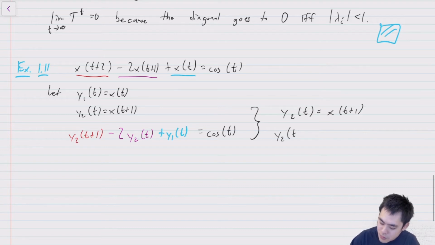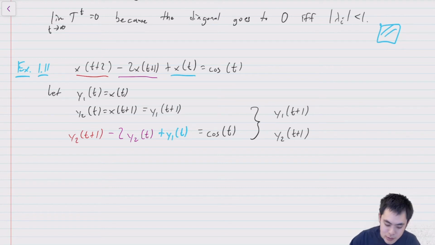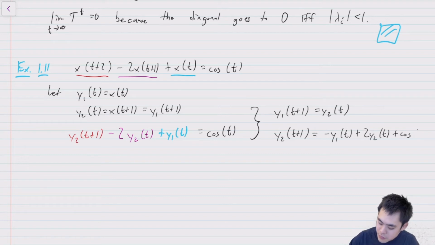So if we rewrite that, we get y1 of t plus 1 is equal to y2 of t, and y2 of t plus 1 is equal to minus y1 of t plus 2y2 of t plus cosine of t.